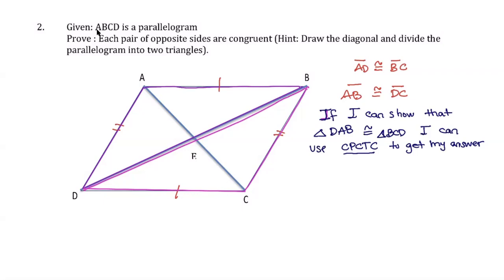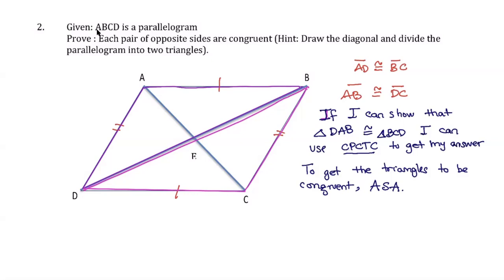So to get the triangles congruent, the only tool I'm going to be able to use is ASA, which means I need to find two angles and a side that is congruent to each other in both pairs of triangles.